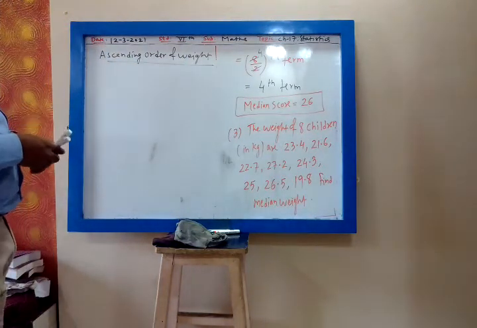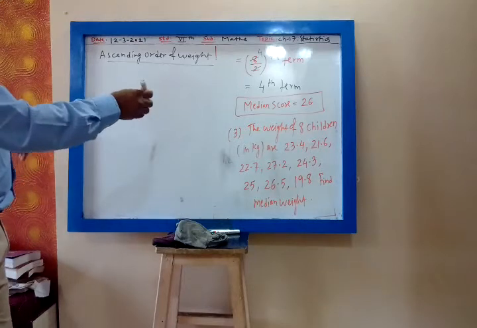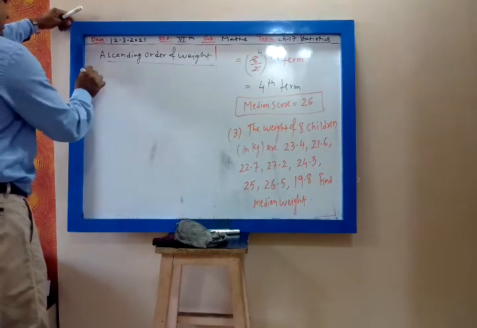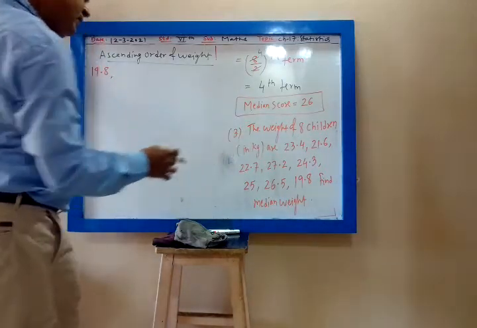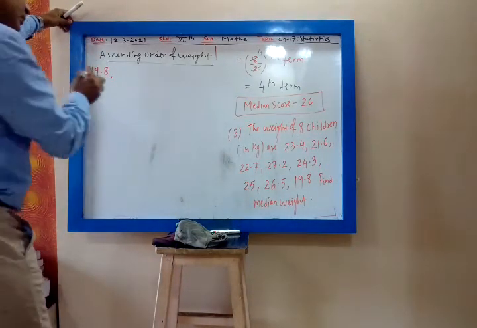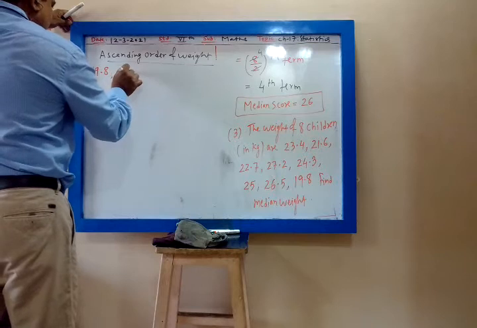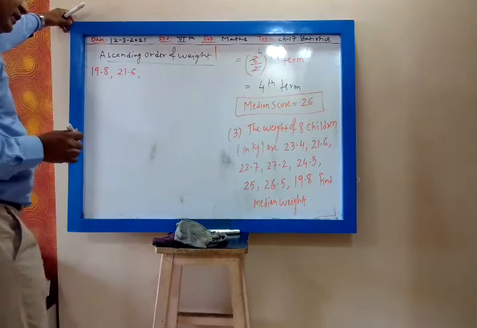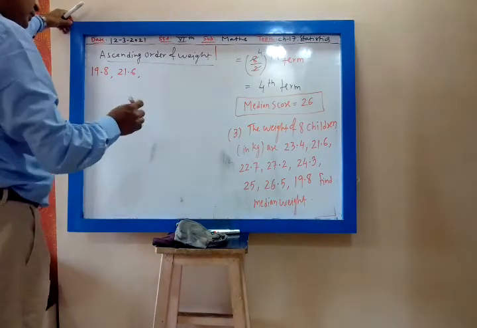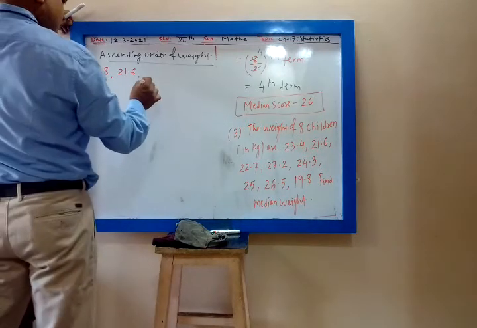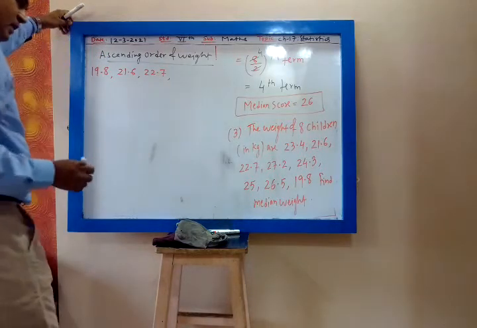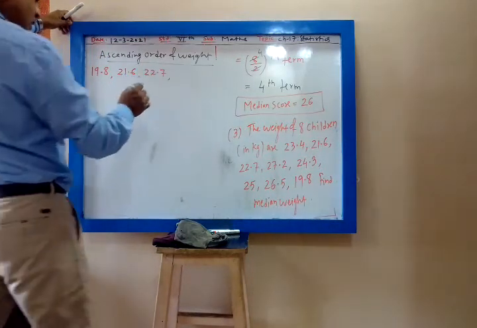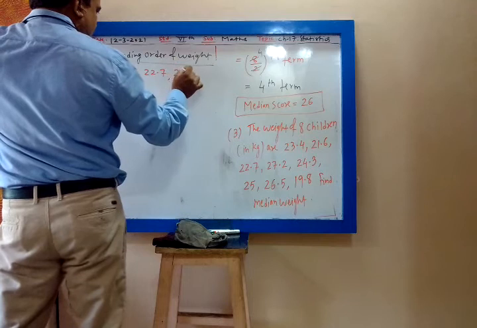First it is 19.8. Then after 19.8, 21.6. Then 22.7. After 22.7, 23.4.